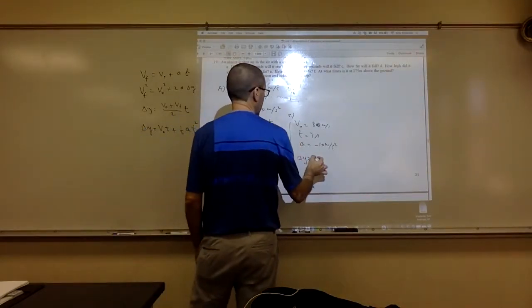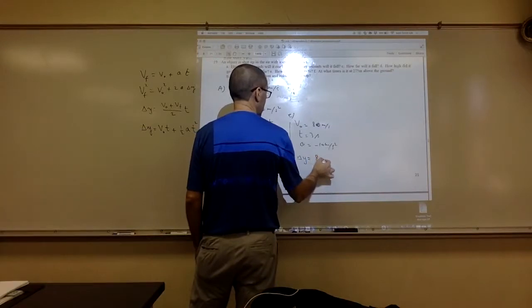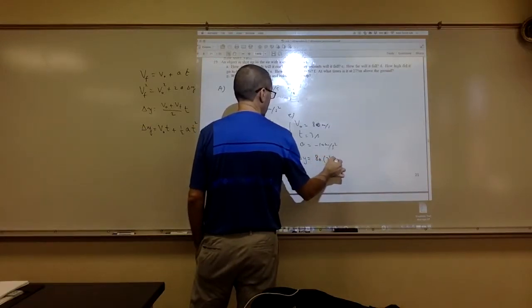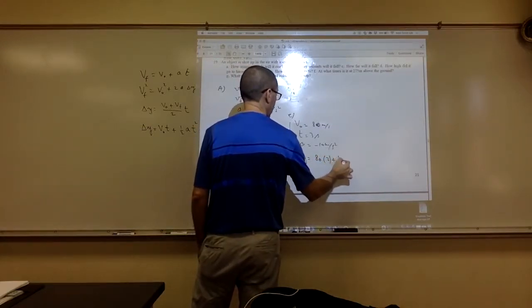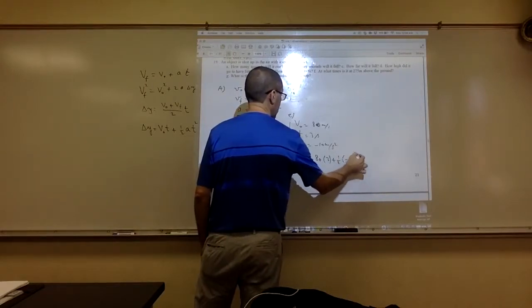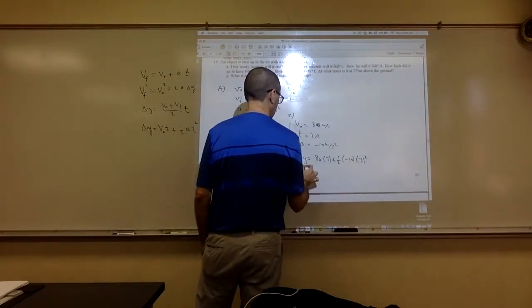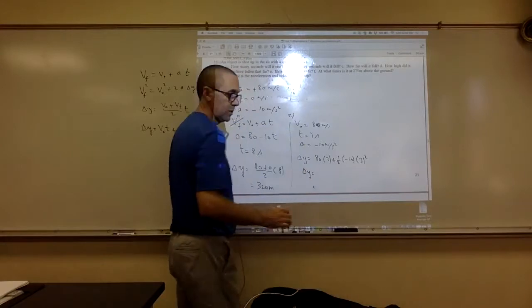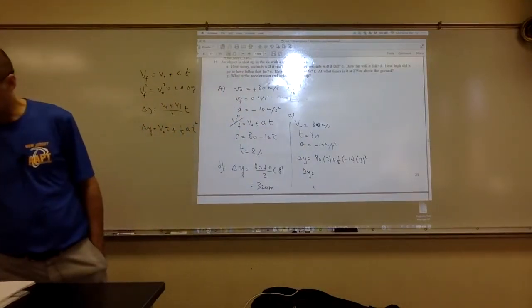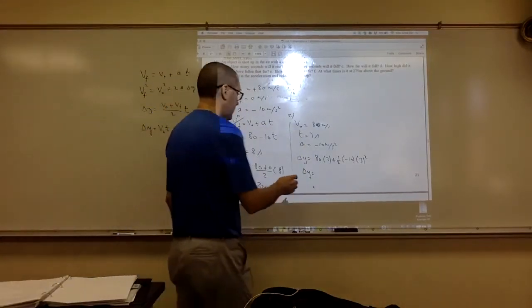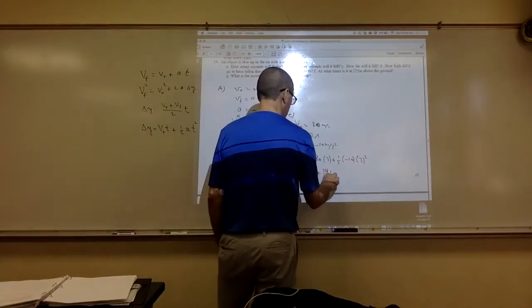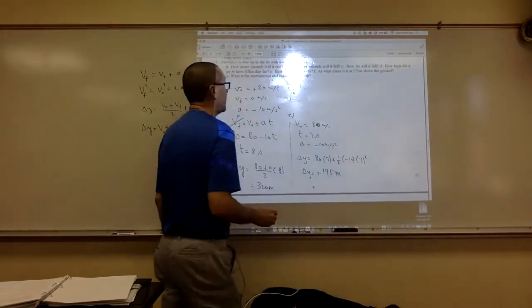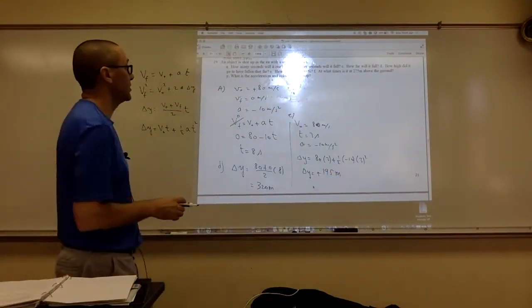So it's going to be V0 t plus 1/2 a t squared. And if we do the math here, we should end up with 195 meters, positive 195 meters. So 195 meters above what you started.